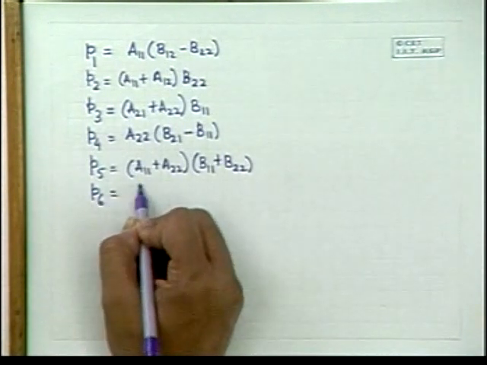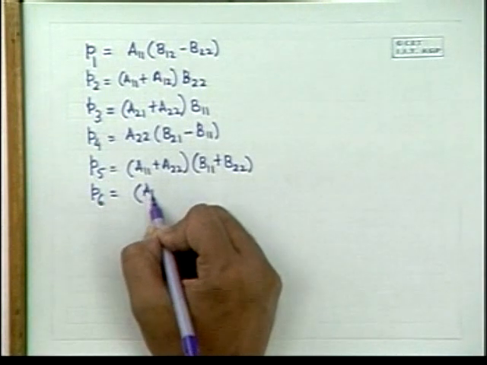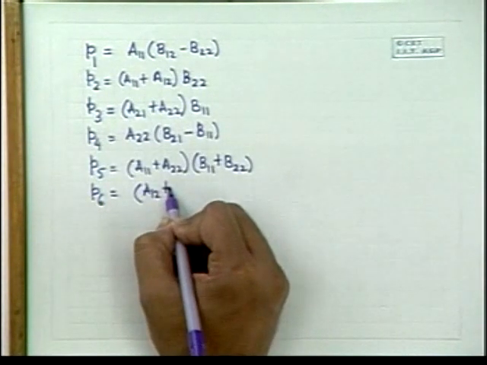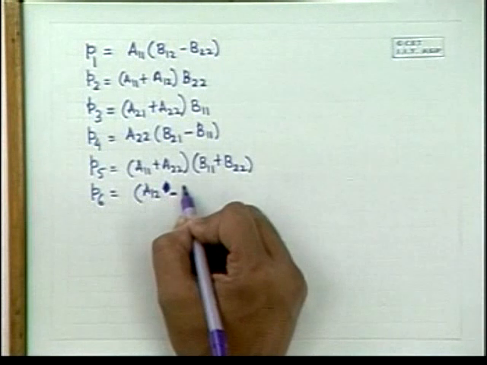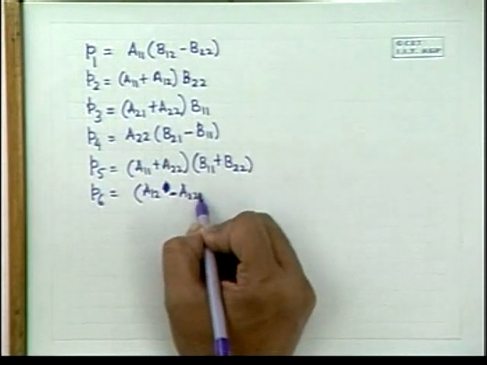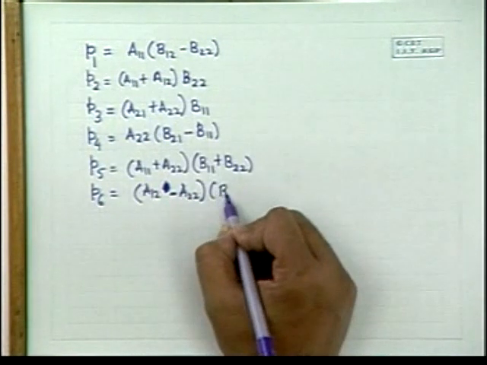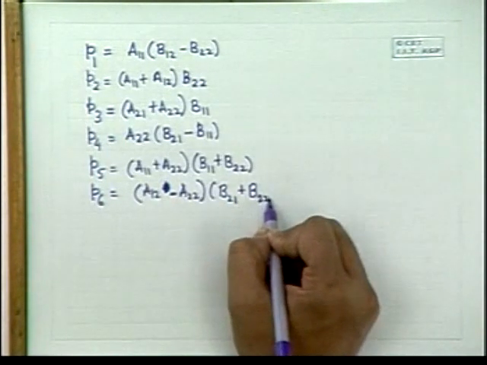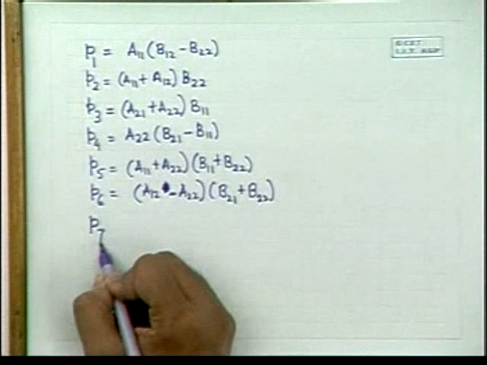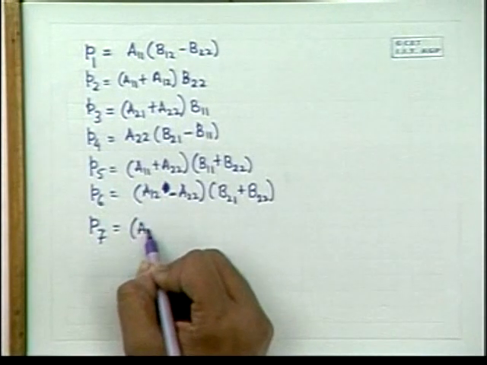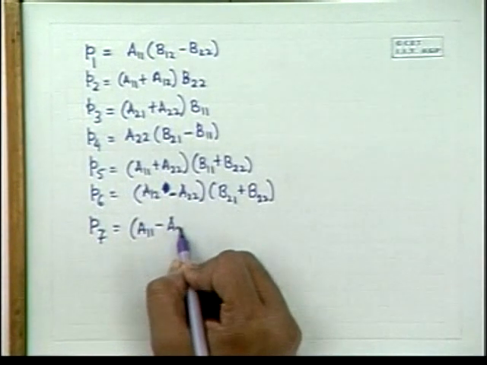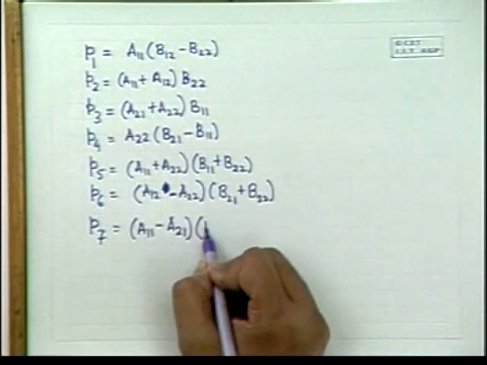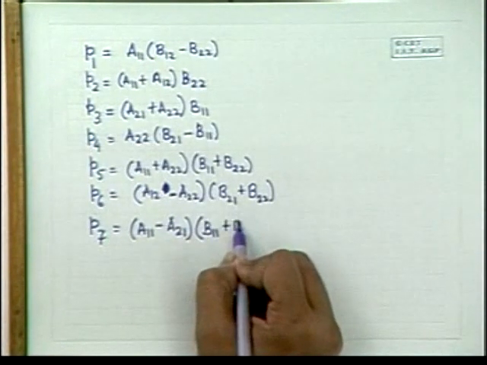P6 is A12 minus A22 times B21 plus B22. P7 is A11 minus A21 times B11 plus B12.